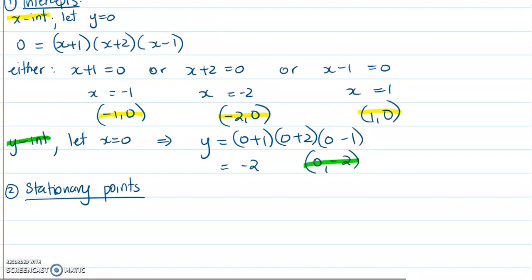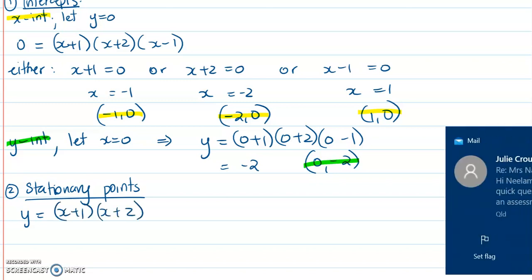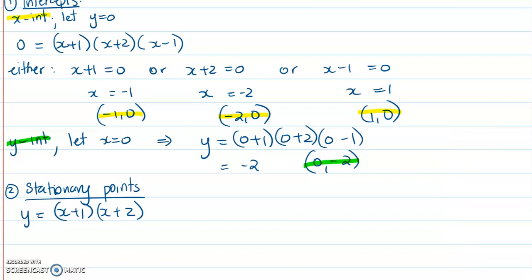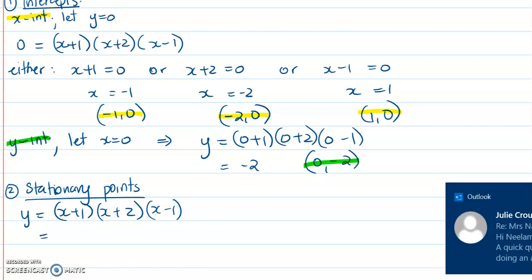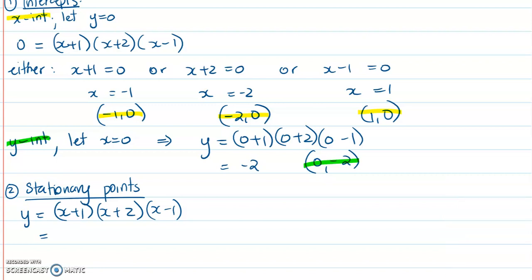Now, our equation is y equals x plus 1 times x plus 2 into x minus 1. To find the derivative function, let's expand that first. If we expand the first couple of brackets, we will get x squared plus 3x plus 2.